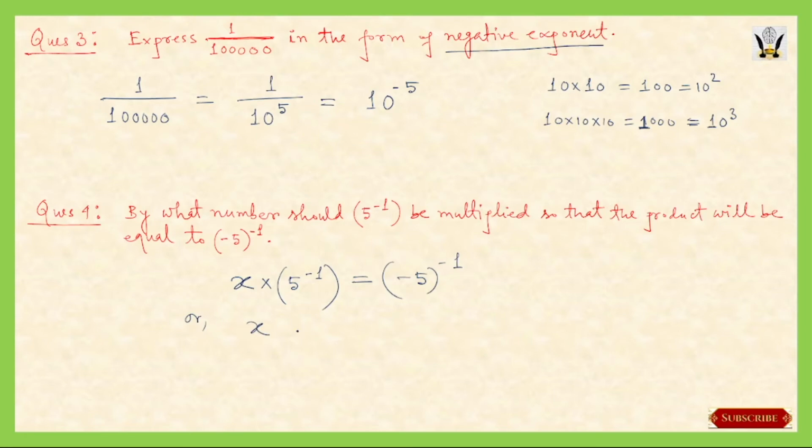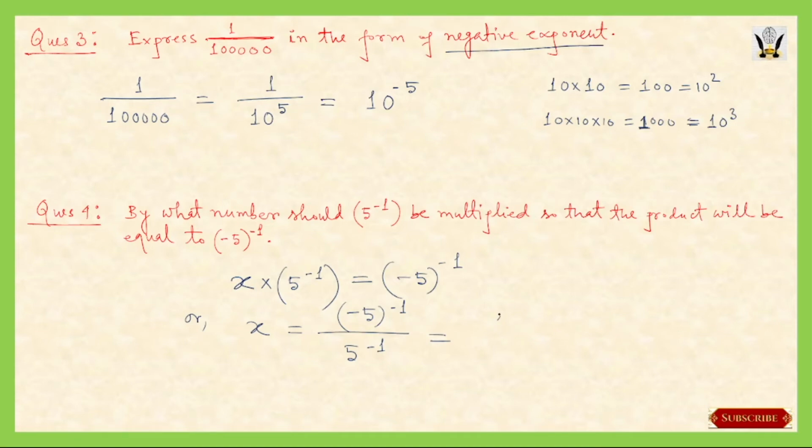What is that number? So x can be written as minus 5 to the power minus 1 divided by 5 to the power minus 1. So both the values, the numerator and denominator, have negative exponent. So first we will express the value in the numerator in the form of positive exponent.